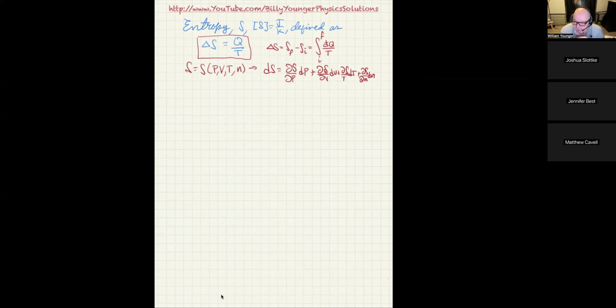You can use those all day long and calculate the change in entropy. And since it only depends on the final and initial conditions, which state variables do, you'll automatically get the right answer. So that's the nice part of it. But that's what entropy is.